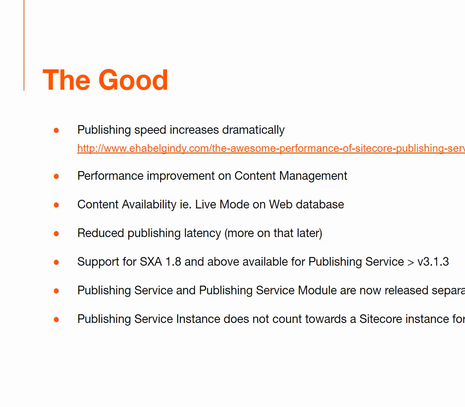So that means Sitecore can now update the module without having to touch the publishing service, and vice versa as well. Another good thing is that the publishing service does not count towards a Sitecore instance for clients who are still using perpetual licensing, because there's no Sitecore.Kernel.dll on it anymore. So for clients who are not on the consumption model, this is a pretty good win.